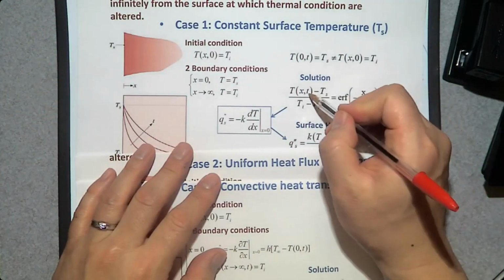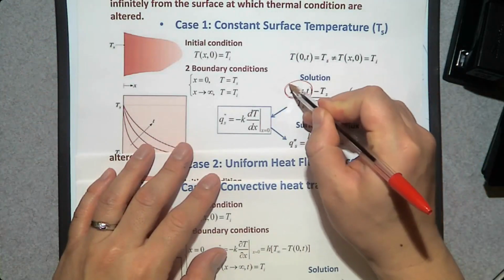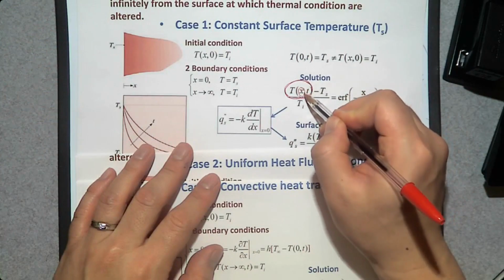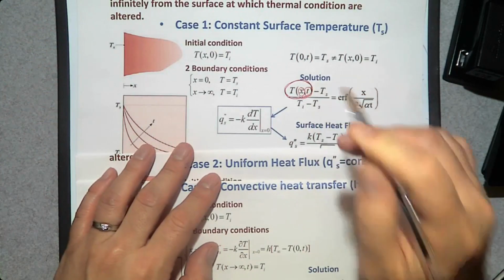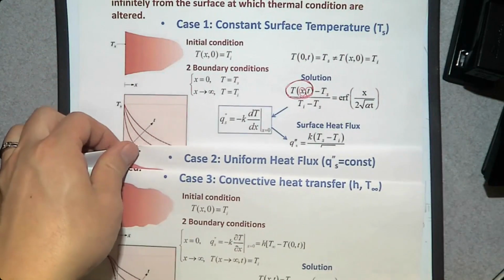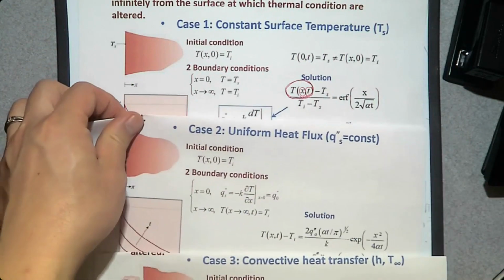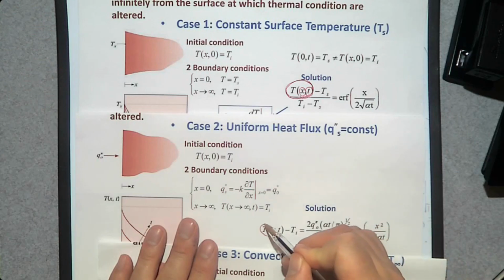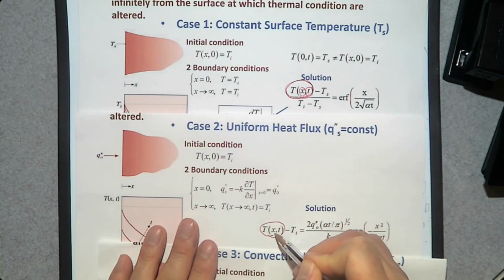So case number 1, this is how we determine the temperature of the solid with position x and time t. If we assume that it is uniform surface heat flux, this is how we determine the temperature at a certain position x and time t.